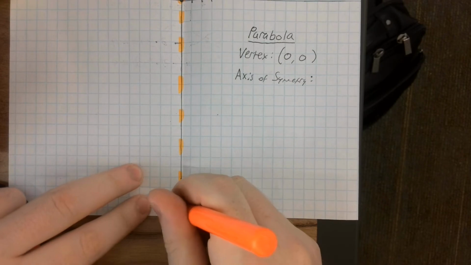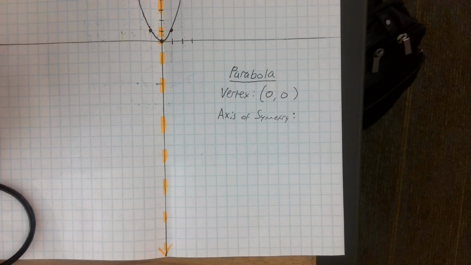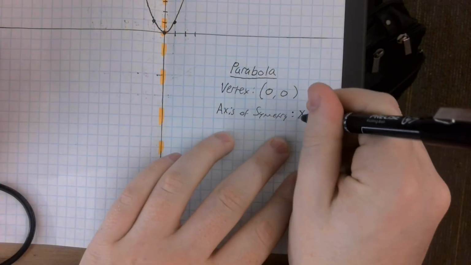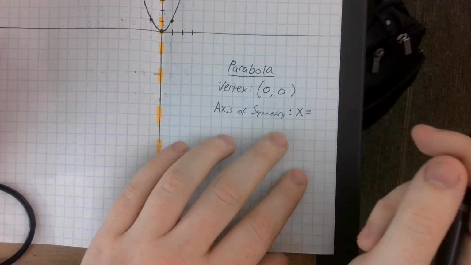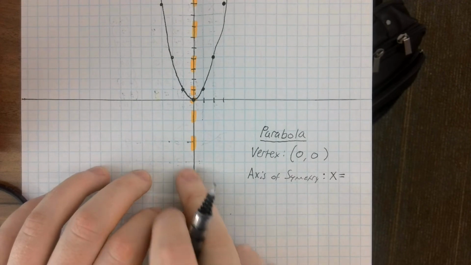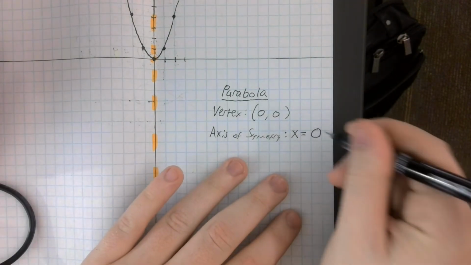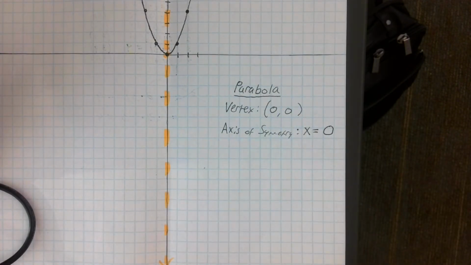It's a vertical line. We have to look back at Unit 3. In Unit 3, we learned that the equation of a vertical line is x equals whatever x value that line is going through. And what's the x value of this line? All these points go through x equals 0. So our axis of symmetry is x equals 0.